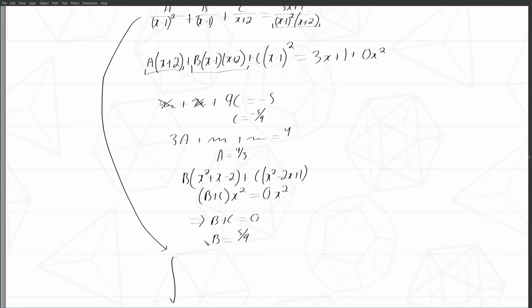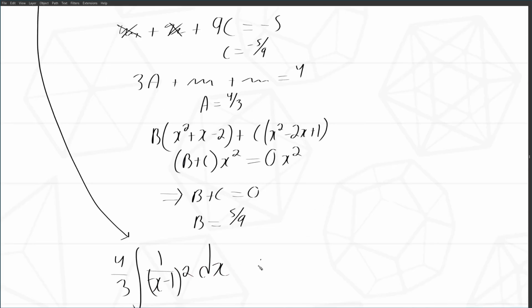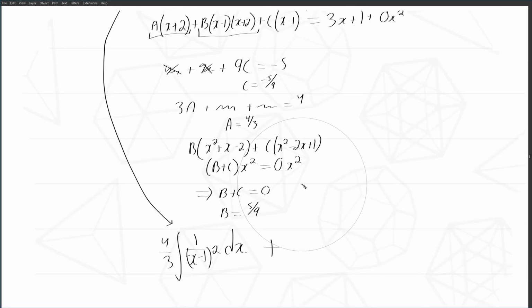So we're going to have the a value, which is 4/3, times the integral of 1 over x minus 1 squared dx, plus the b integral.